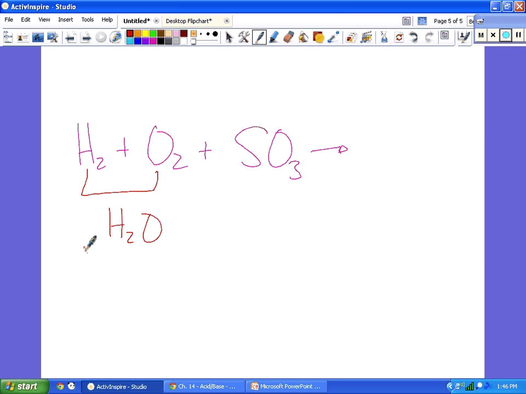All right. This is the answer, and I want you to stare at it long enough to see if it just kind of comes into your mind. So we're going to take the water, and we're going to mix it with the SO3. See if you can figure out, just stare at it and see if it makes sense. Just look at it. H2SO4. All right.